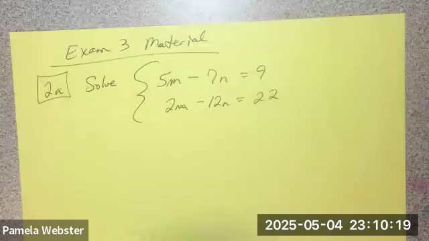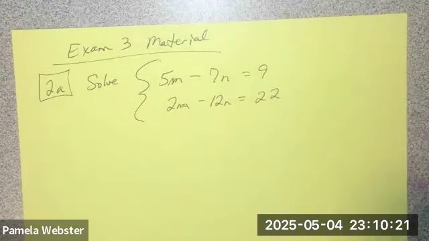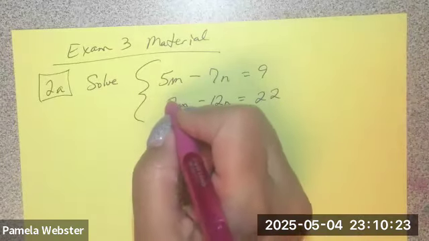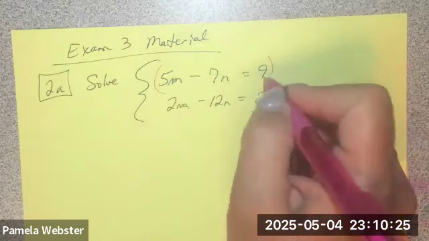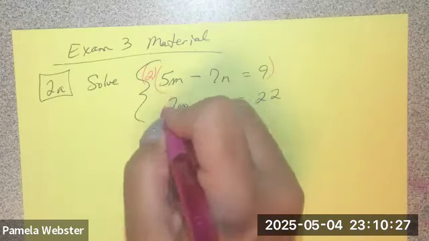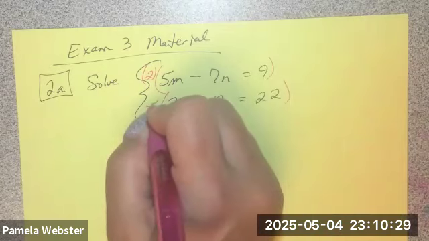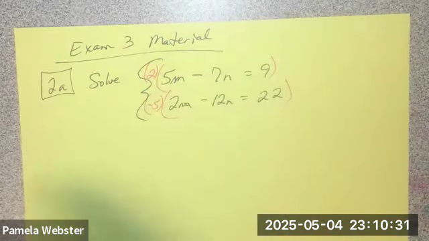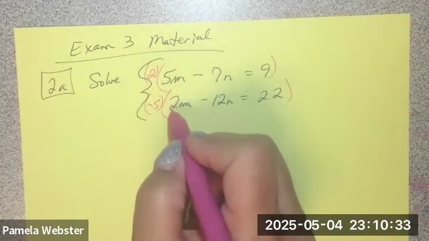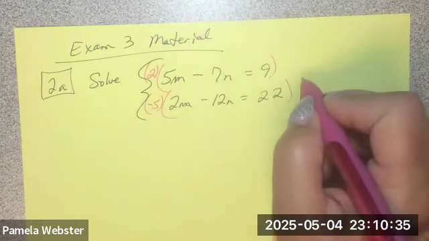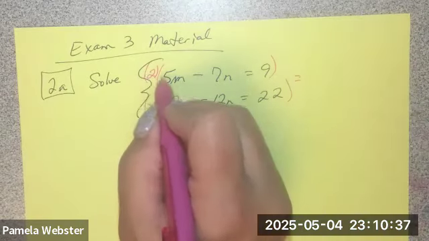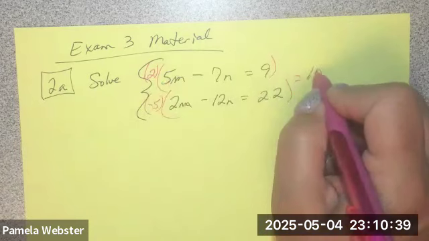Those are n's. Do something to eliminate one of the variables. I think what I would like to do is multiply this entire first guy by 2 and this entire second guy by negative 5, because I see that if I do that, these will go away. So let's see. That's 2 times 5m is 10m.